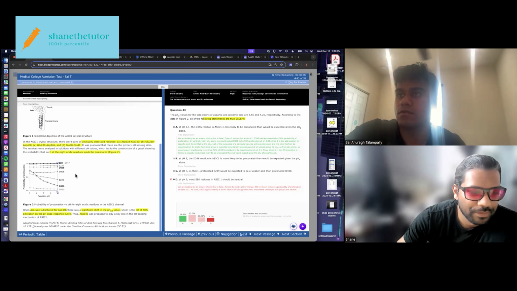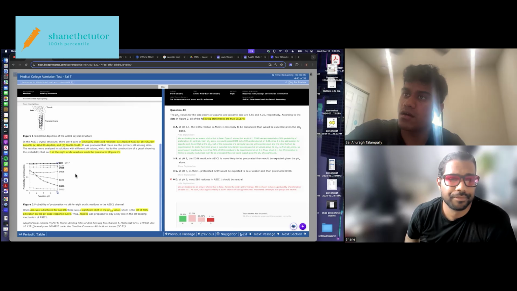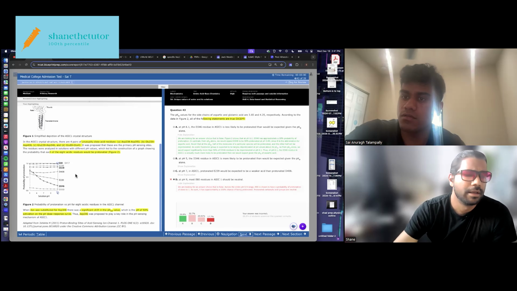Okay. If E80 is protonated, you could still technically have the carboxyl group and the amino group with their charges, right? So wouldn't that make the protein still positive? I mean neutral, sorry. No, right?